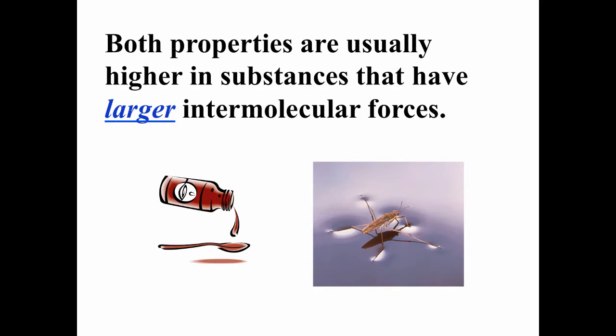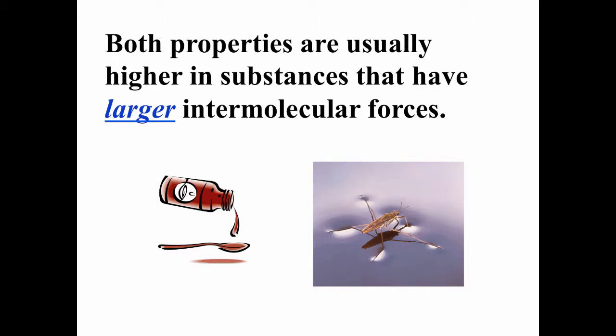And one thing that viscosity and surface tension have in common, although there's some differences between the two, is that both properties are usually higher in substances that have larger intermolecular forces. Now note that flowing and beading up are different properties, and so the intermolecular forces being larger will vary from substance to substance.